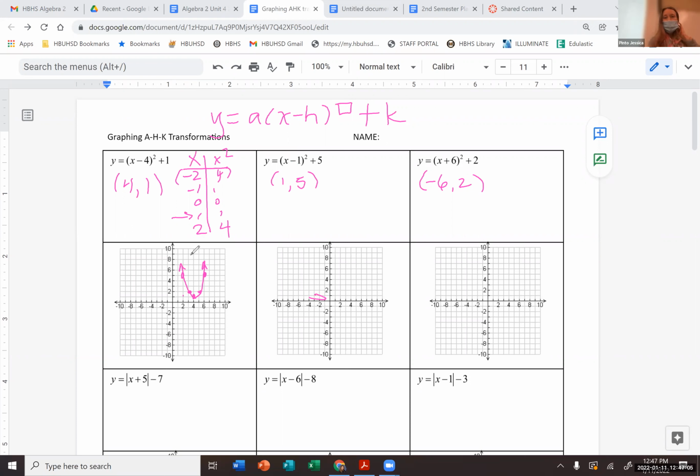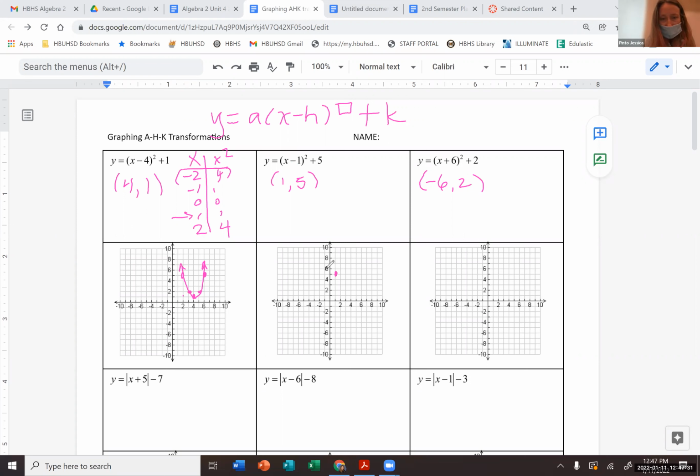So for the next problem, I don't need to recreate the parent t-table. I've already written it down once. All I need to do is start by plotting 1, 5, 1 for x, 5 for y. And then pretending that that's the origin, I need to move to the left 2 units and up 4 units.